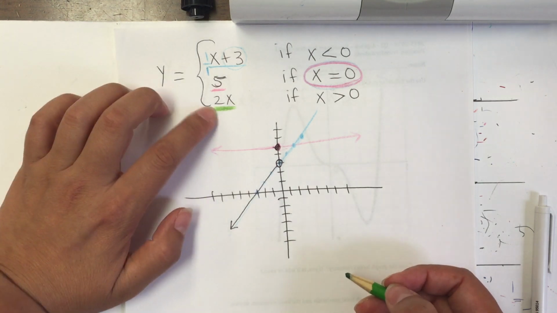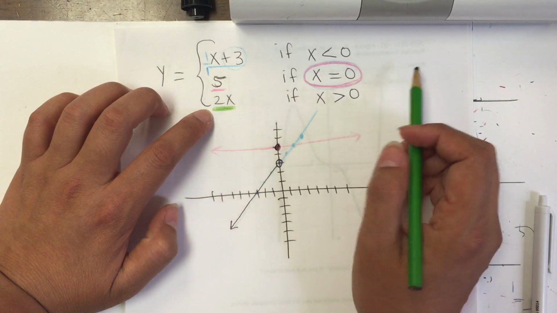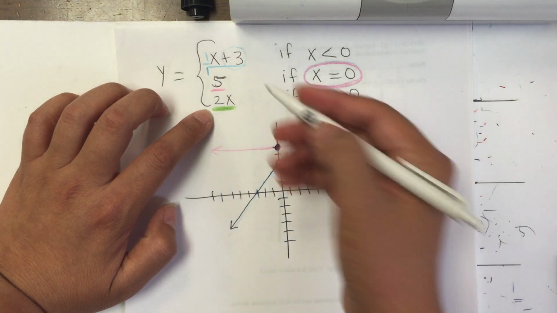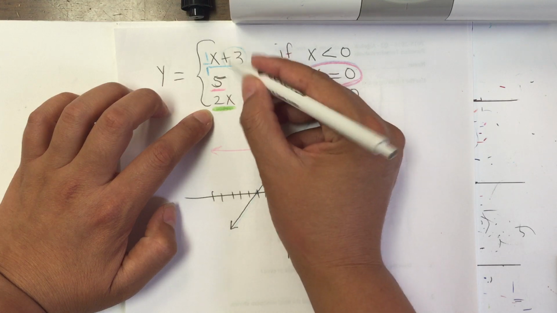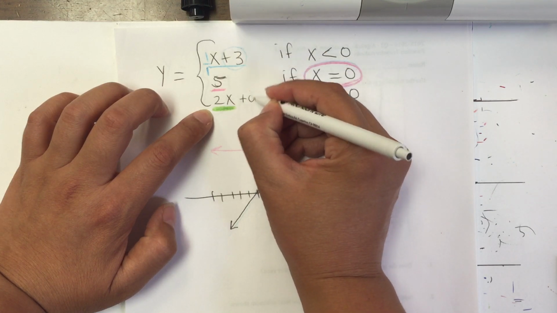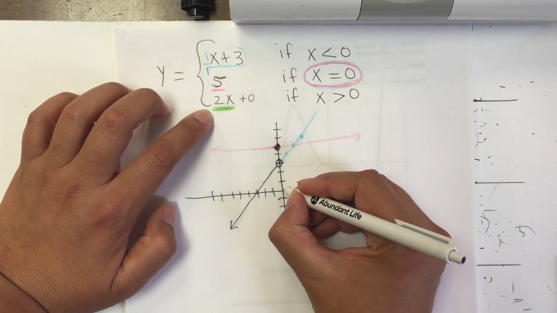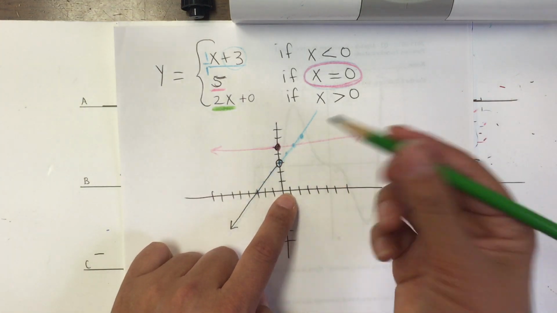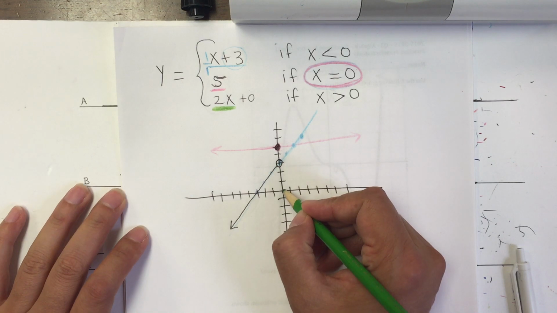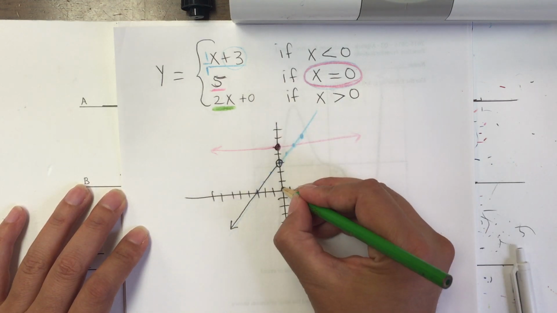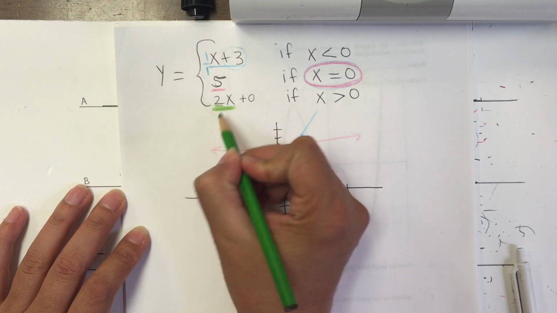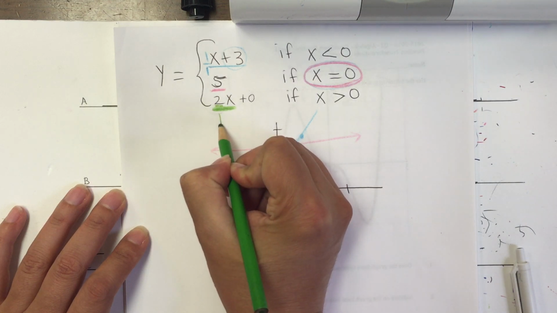The last one is going to be 2x. And I want to remind you that when we don't have an initial point, it's like saying plus 0, meaning that this starts at the origin. I'm going to graph it with color again, but the color is not part of the graph. So I'm going to start at the origin, and then this says my rise is 2, my run is 1.